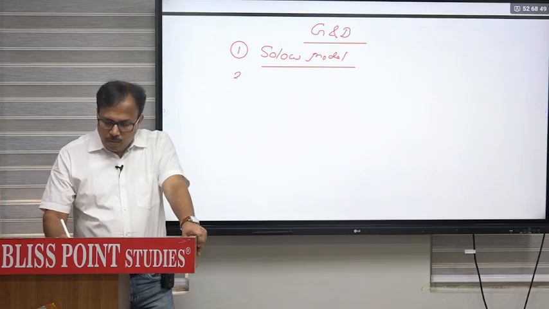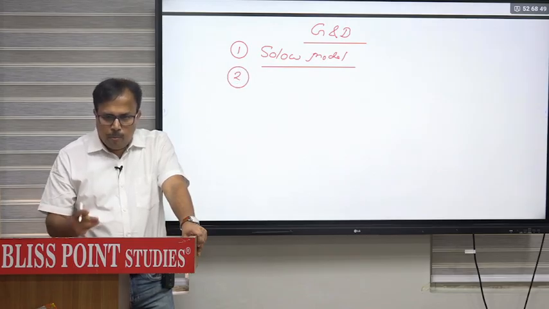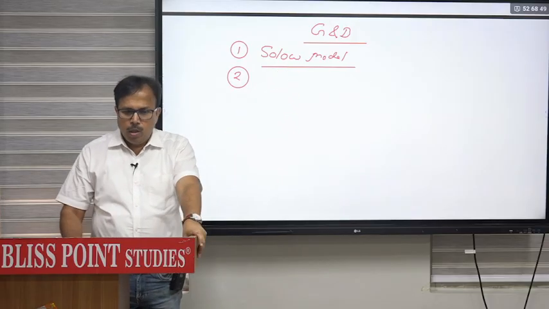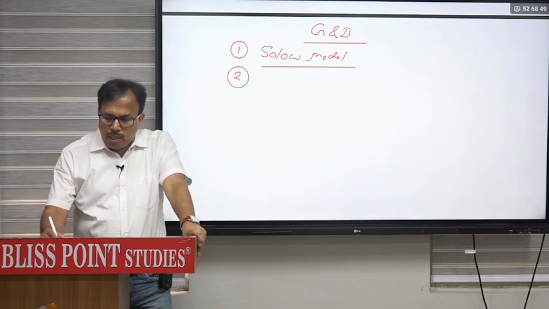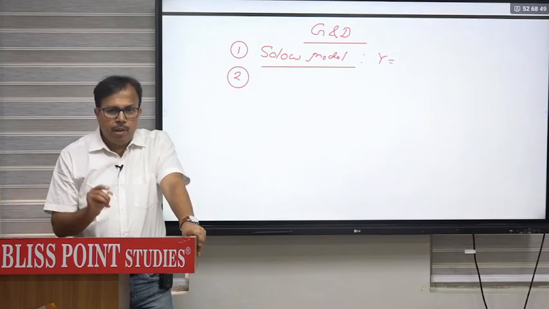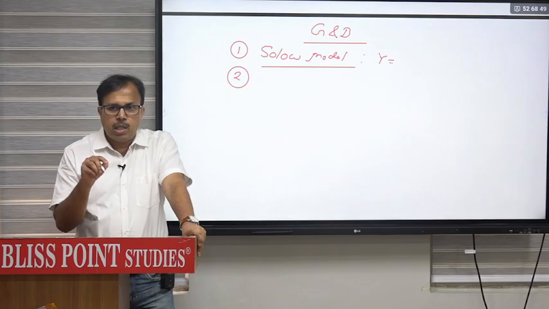Remember there are many subparts within this model also. There are various subtopics within that model also. So in that model, if I just give you a brief part, the model says that GDP of economy, whenever I write Y in macro, it is the gross domestic product or aggregate output.